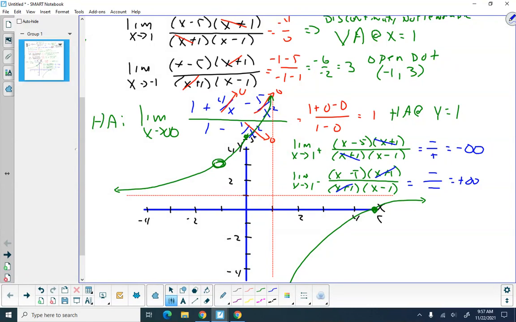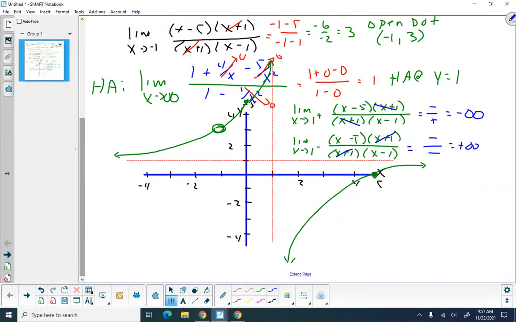As I approach 1 from the left, I go towards positive infinity, and from the right I'm going towards negative infinity. That's what my graph is doing. So you can use your directional limits to determine if you're going towards positive or negative infinity.